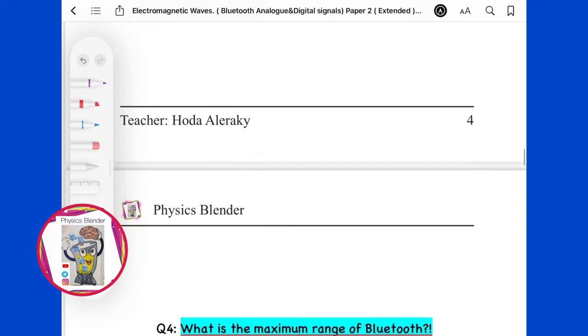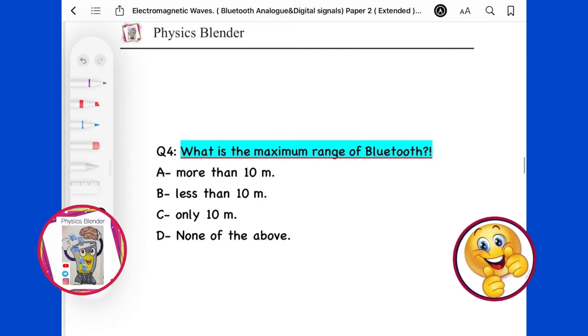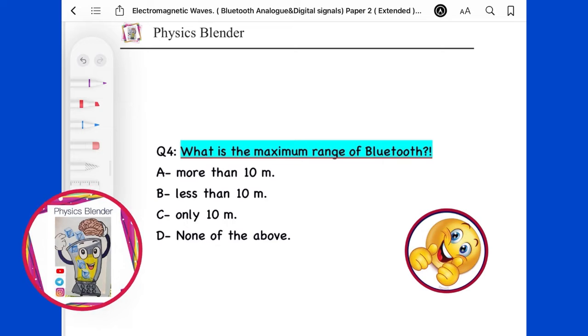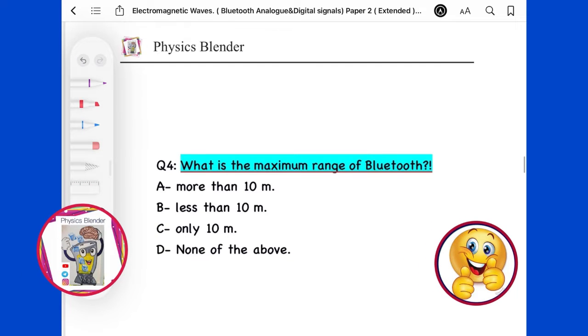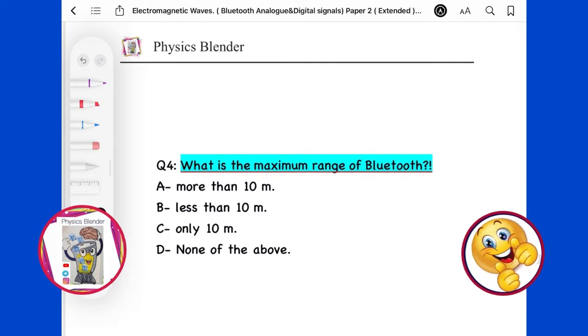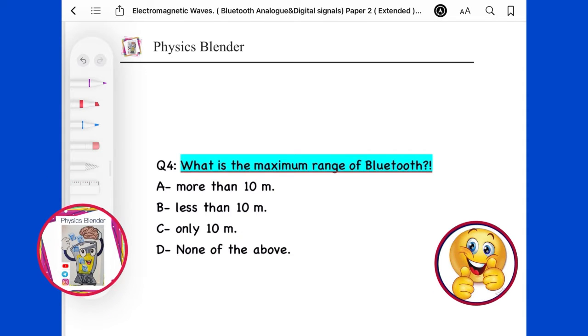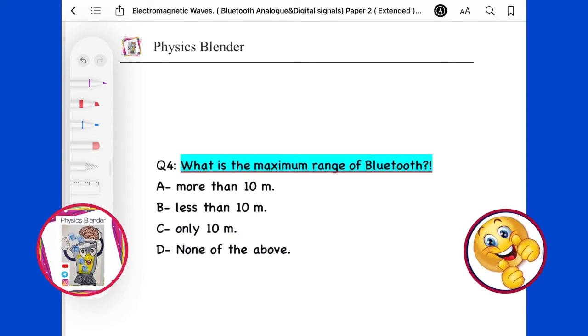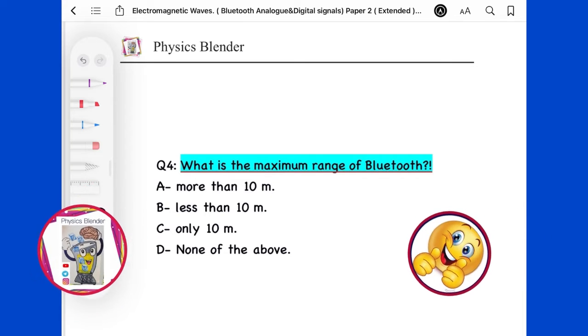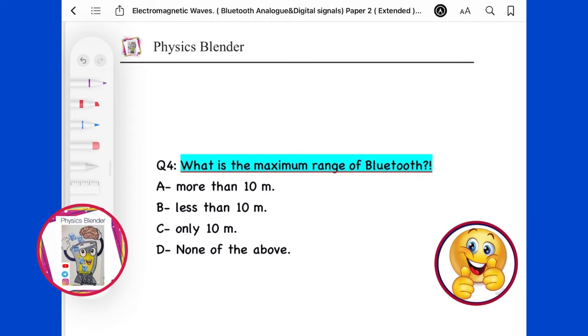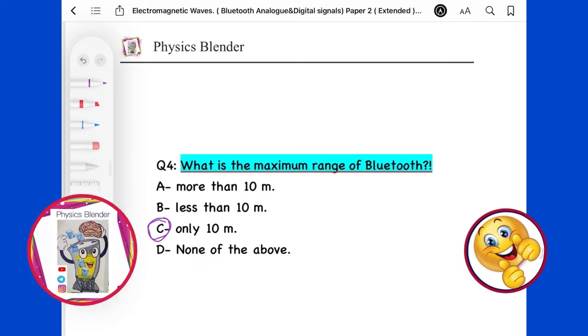Is it clear? Okay. What is the maximum range of Bluetooth? Bluetooth can transfer or exchange data between fixed and mobile devices over short distance. So it's only 10 meters.